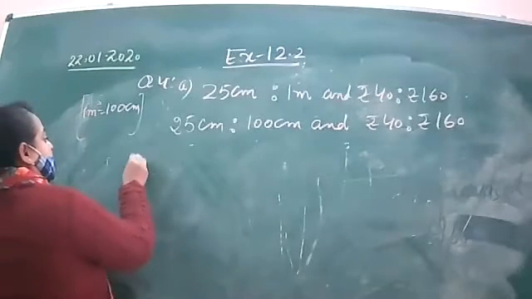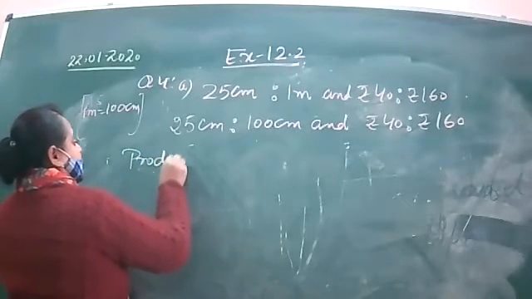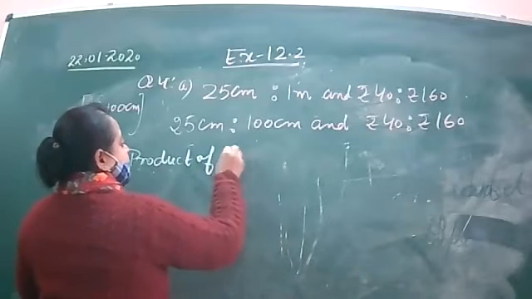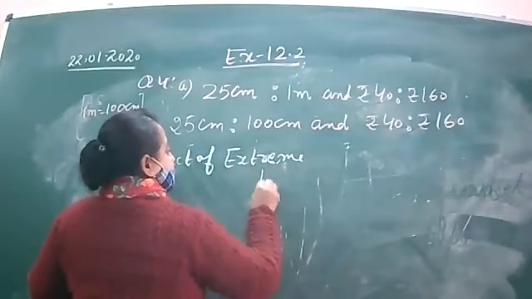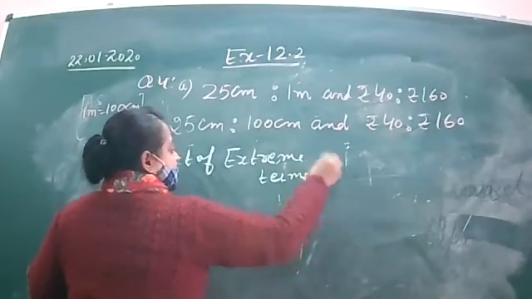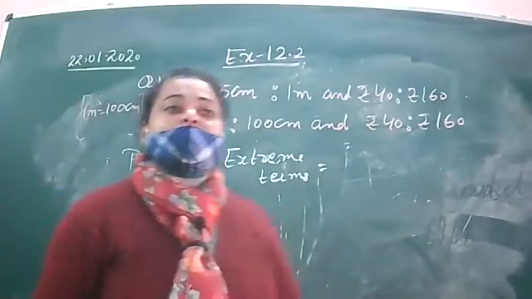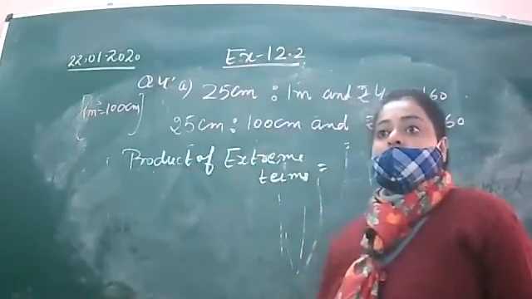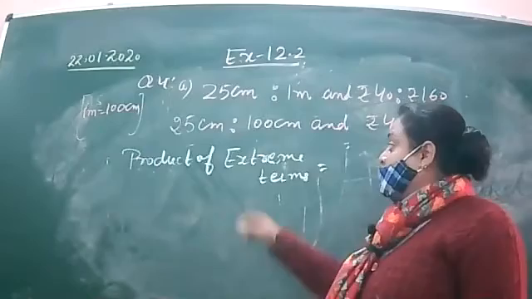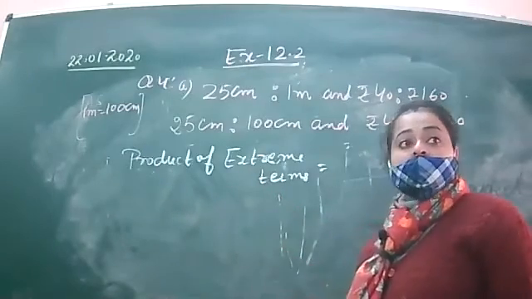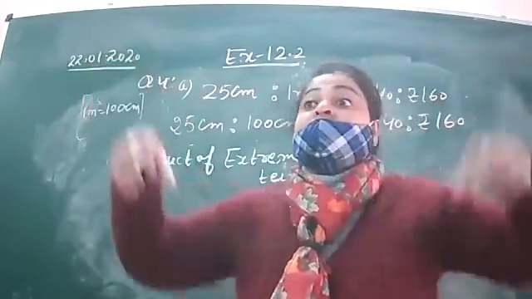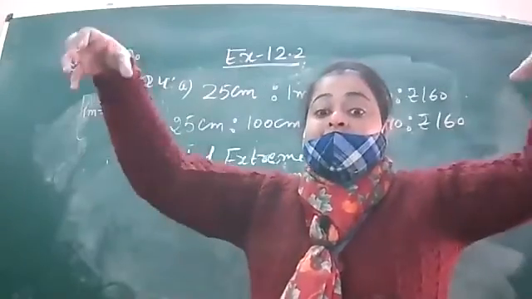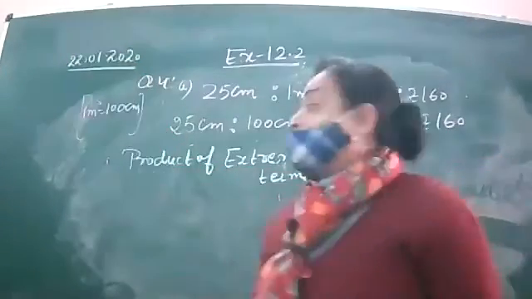So write down product of extreme terms. What is the meaning of extreme terms? Outer terms, जो किनारों पे हैं. Extreme का मतलब होता है जो बिल्कुल किनारों पे outer में है.